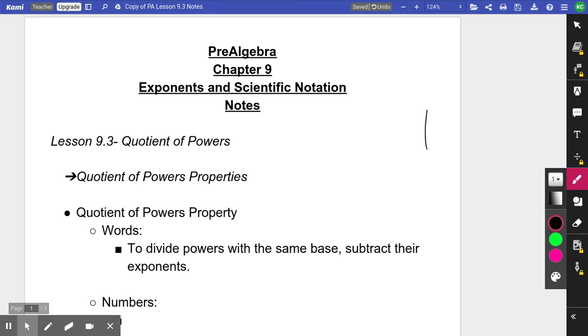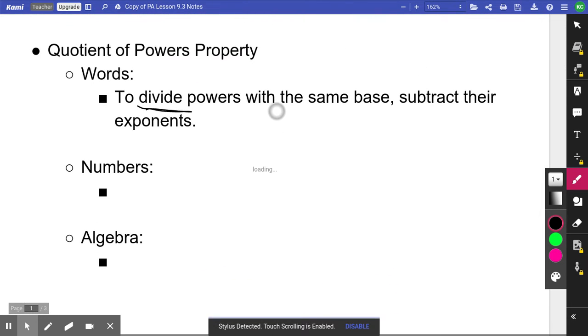If you think back to the product of powers property, remember whenever I was multiplying exponents with the same bases, I would add my exponents, right? So here, if I divide with the same base, I'm going to subtract their exponents.